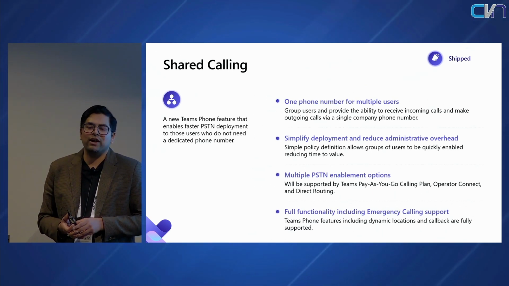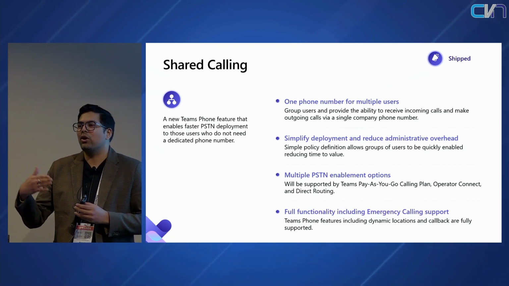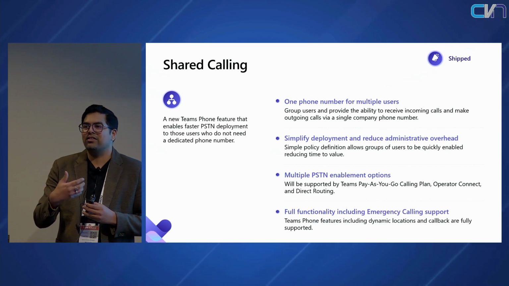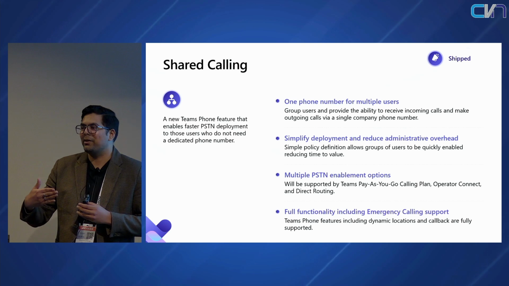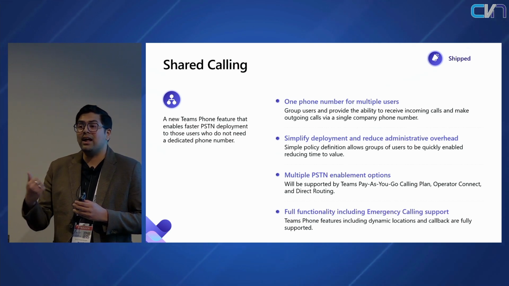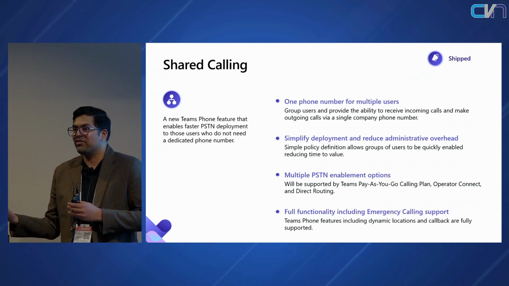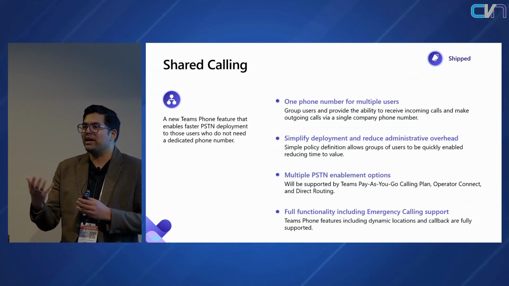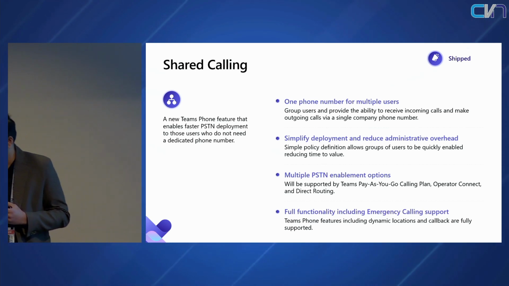It's just on the UI front, we'll do a better job of communicating, just like you call on behalf of delegation, you'll start seeing something lighting up saying I'm calling on behalf using a shared line number. People understand there are limitations to it as well, that if you make an emergency call, you will have a number assigned to you. So all those things we want to make more transparent to the end user who uses shared calling. So that will come next.